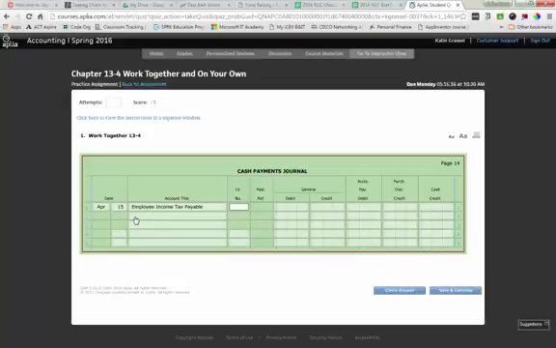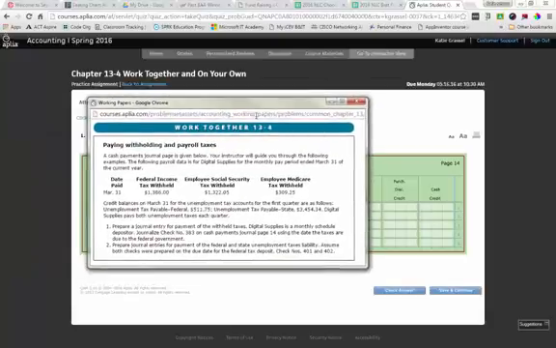Employee income tax payable, Social Security tax payable, and Medicare tax payable. Notice they do not give me the amount that we owe in Social Security and Medicare totals. Okay. We have a column there.